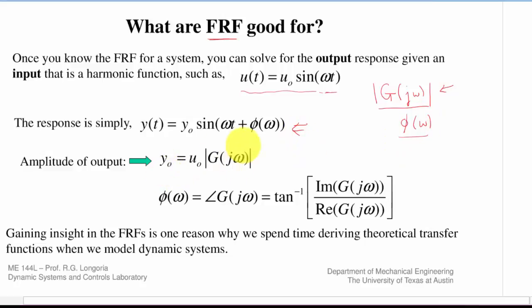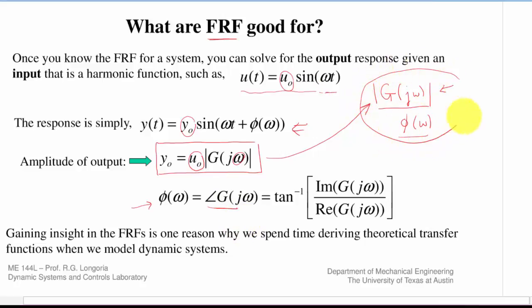Because to compute the amplitude, I simply take the magnitude of the input, U0, and multiply it by this value for the specific value of omega. And then I have the amplitude. If I want to know the phase, I can just substitute it into the phase function as well. So given any amplitude and phase functions, I basically know how the system is going to respond across all frequencies, right? And that's very valuable.